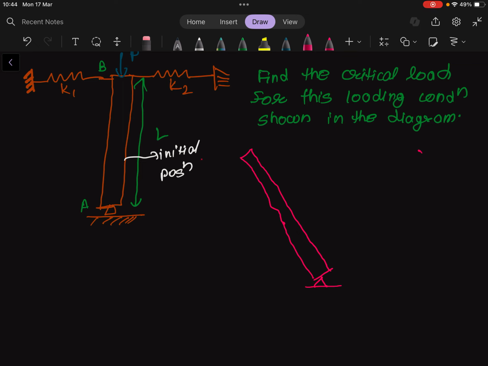So we have our spring here, which is subjected to F1 here, and here will be F1, and this is B dash position, and it is moved by delta distance from its initial position, and we have further loading P here in this direction. And we also have another load here, let's say F2 due to spring constant K2, and here is the cancelling force of the spring.